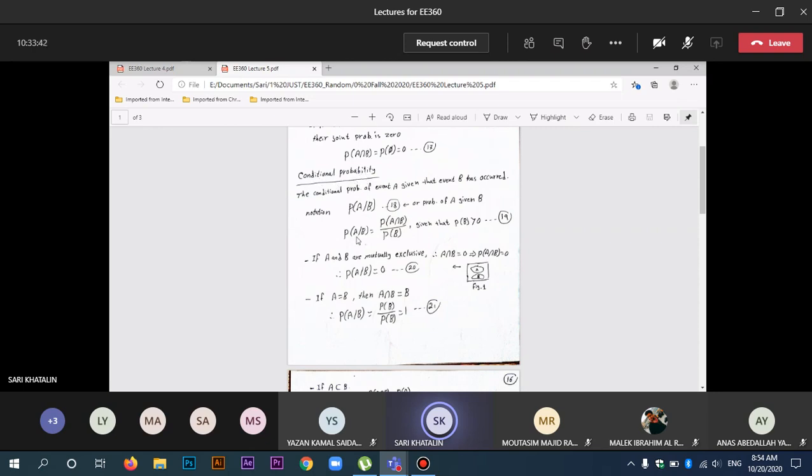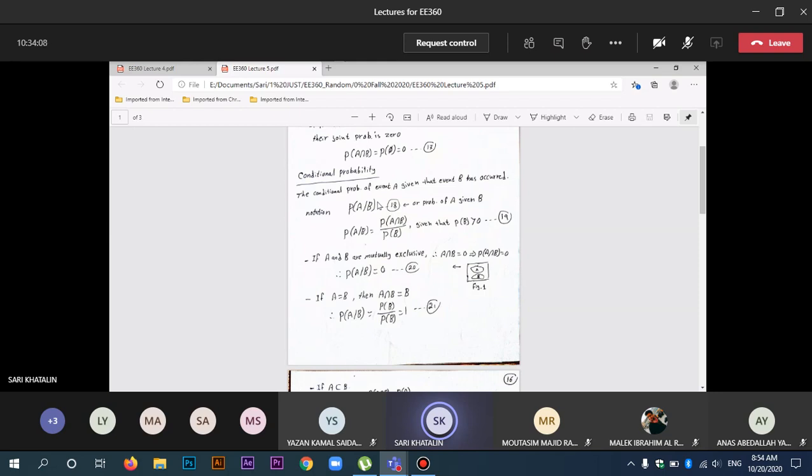Conditional probability is very important to understand, yet it's very simple. It doesn't need much, but we have to pay attention to it because we are going to use it in several cases. So, the conditional probability of event A given that event B has occurred. We have two events, where the occurrence of one depends on the occurrence of the other.